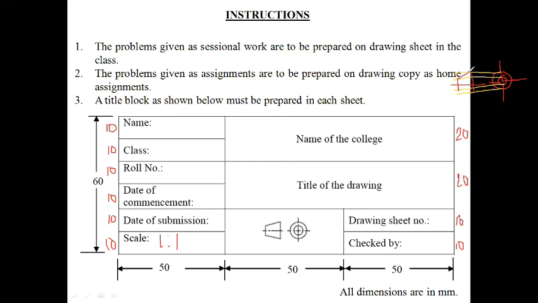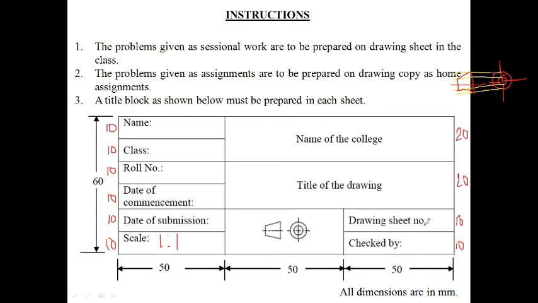Now join. In this way you draw this figure. Clear? So what is the meaning of this? When you study projection, this is the first angle projection symbol. What is projection? What is first angle projection? I will discuss later when you study projection.